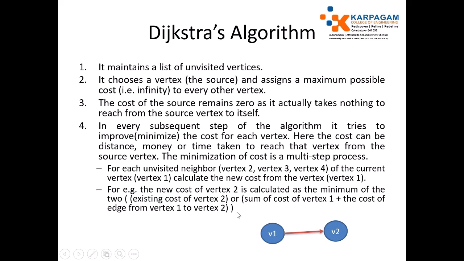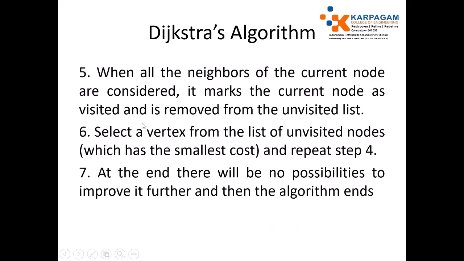Compare the existing cost of vertex 2 with the sum of the cost of vertex 1 plus the cost of the edge from vertex 1 to vertex 2, identify the minimum, and update it. When all the neighbors of the current node are considered, it marks the current node as visited and removes it from the unvisited list.